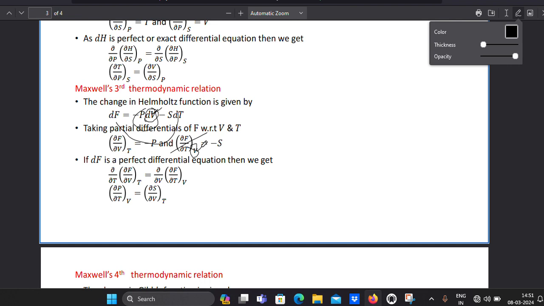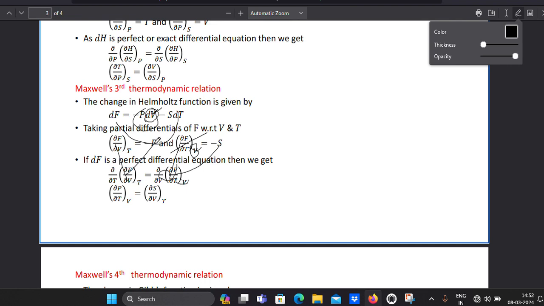Now, how do we write the exact differential equation? See here. Write this first as it is, and this also as it is. Whatever constant is present with this one, differentiate partially with the constant present on the other side, and it is called an exact or perfect differential equation. Now substitute this value here and this value in this place.